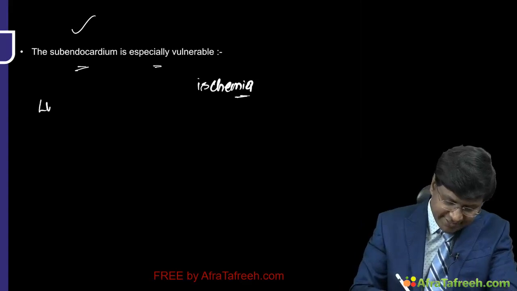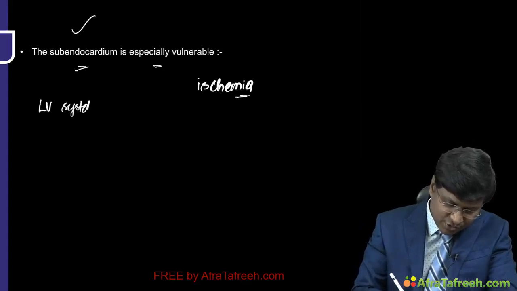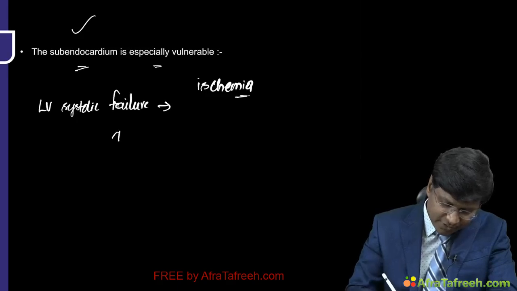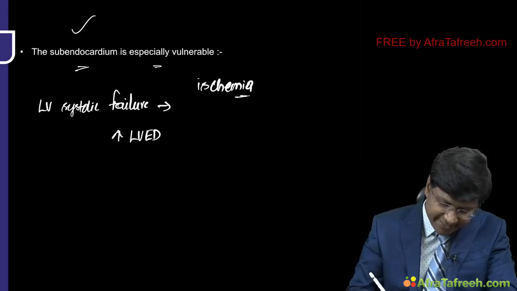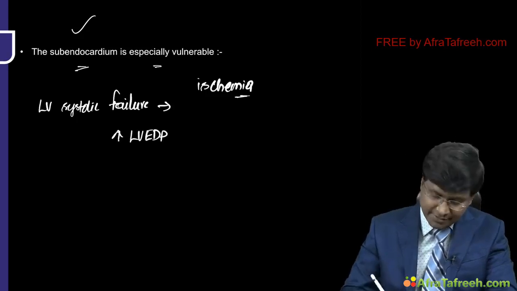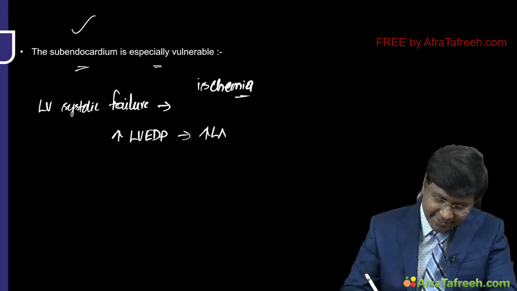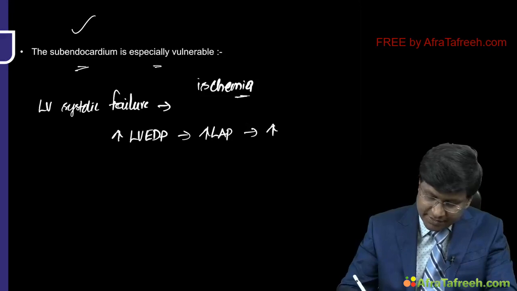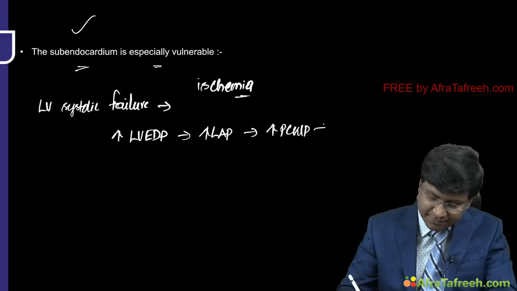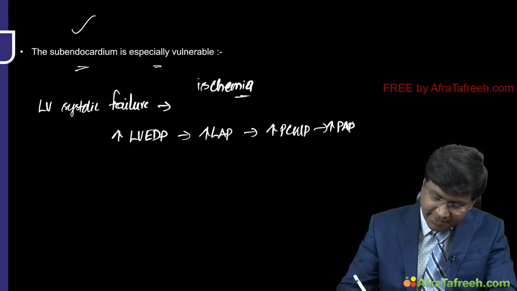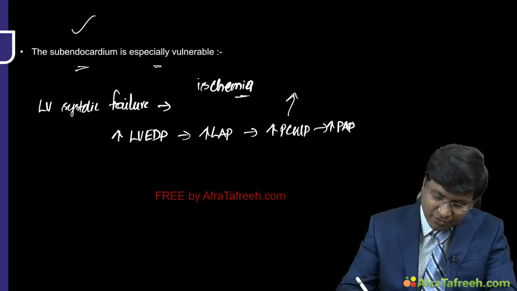Initially there will be left ventricular systolic failure, right? That will cause an increase in the LV end diastolic pressure, and that will cause an increase in the LA pressure, an increase in the pulmonary capillary wedge pressure, and then an increase in the pulmonary artery pressure. Increase in the pulmonary capillary wedge pressure will cause pulmonary edema, due to which there is dyspnea.